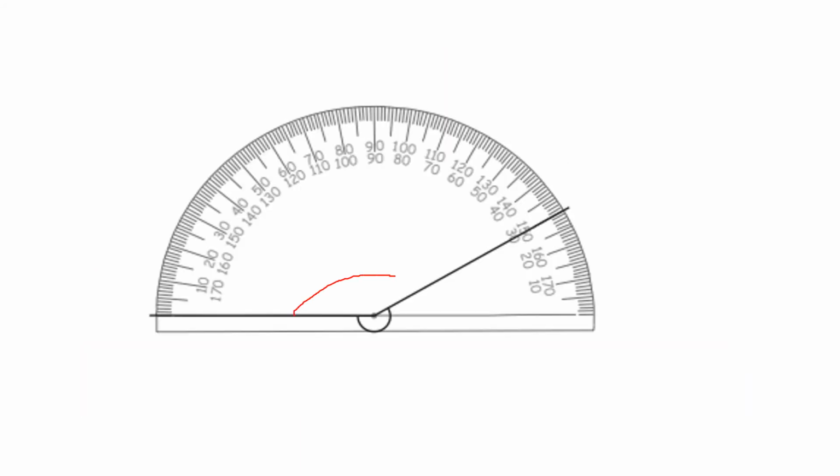Okay, so now we have another one. Is this an obtuse or an acute angle? It is an obtuse. I'm going to put obtuse. We're going to follow our bottom ray over.